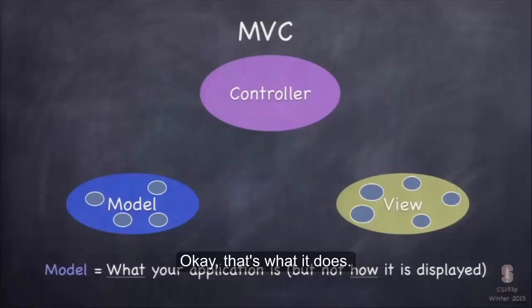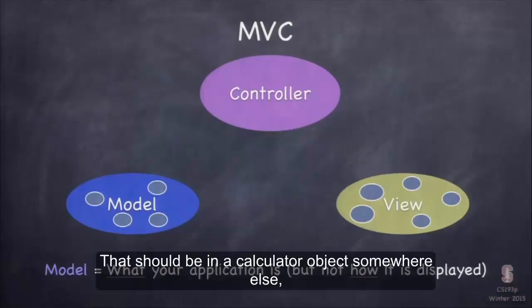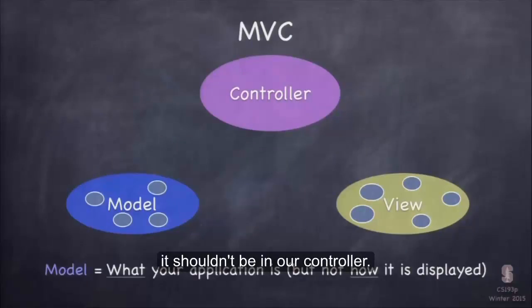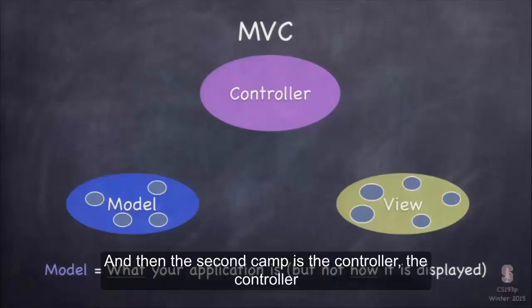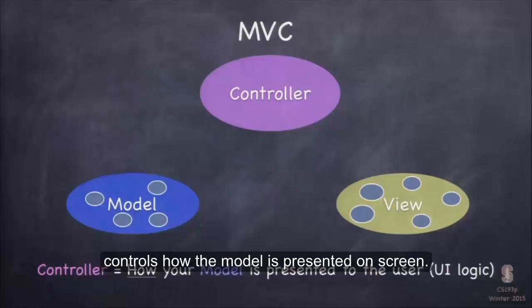That's what it does. So all the parts where we're doing perform operation and all that stuff, that's all calculator stuff. That should be in a calculator object somewhere else. It shouldn't be in our controller. And then the second camp is the controller.